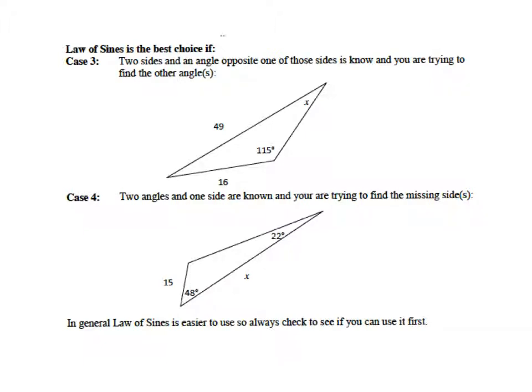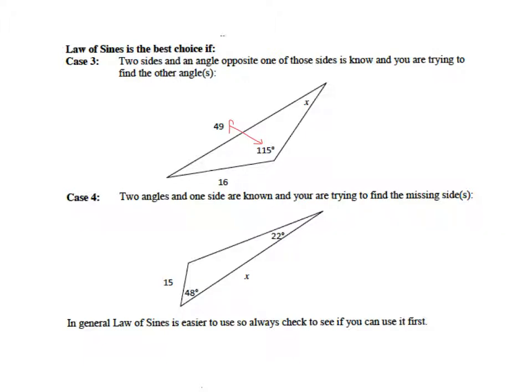And really, to use the sine law, what I'm looking for is this angle side pair, where you have an angle and the side length across from it. If you have that pair, then you can use the sine law. A side length and its opposite angle.